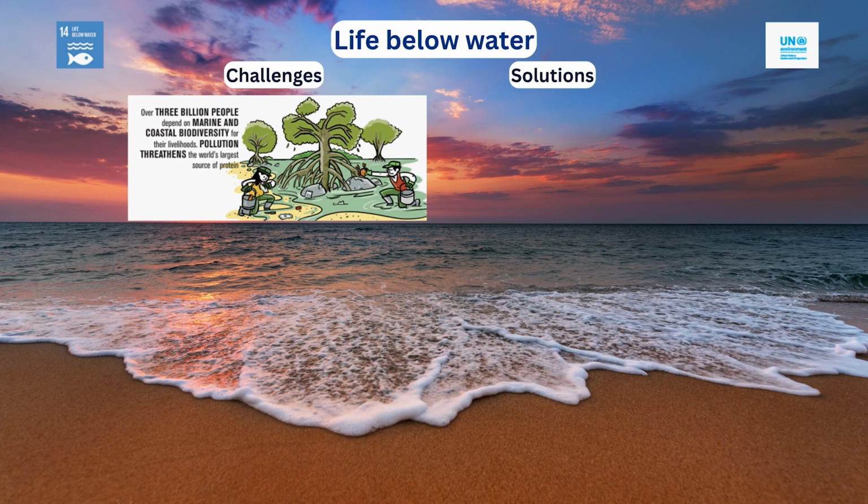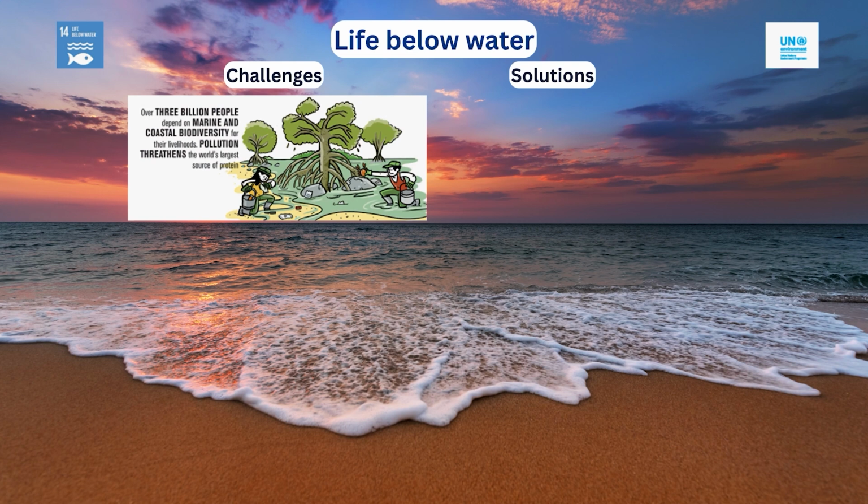Over 3 billion people depend on marine and coastal biodiversity for their livelihood. As I mentioned a few seconds back, pollution is also threatening the world's largest source of protein, because marine fisheries are one of the important sources of protein, right?